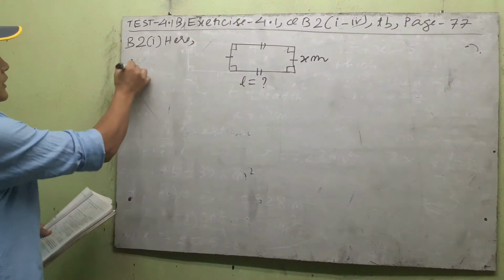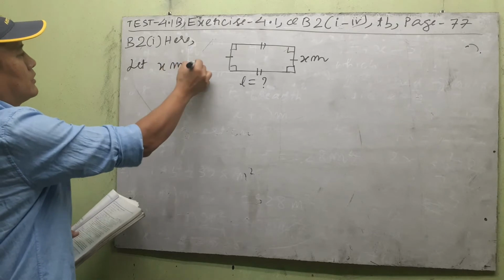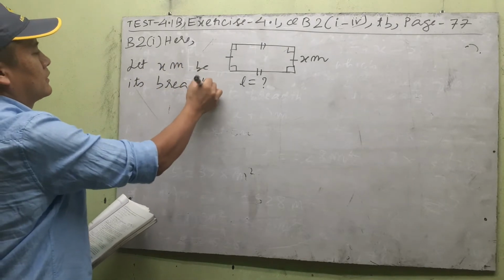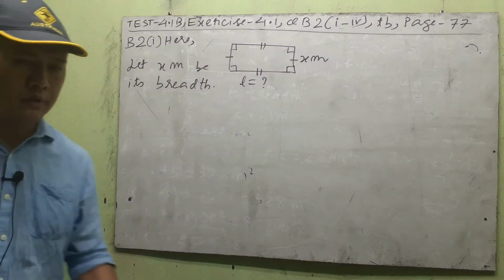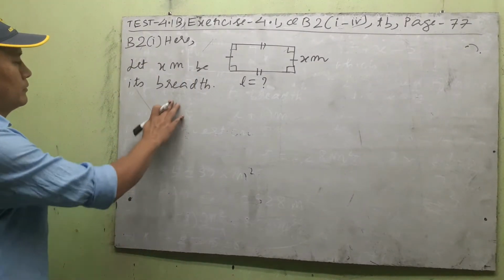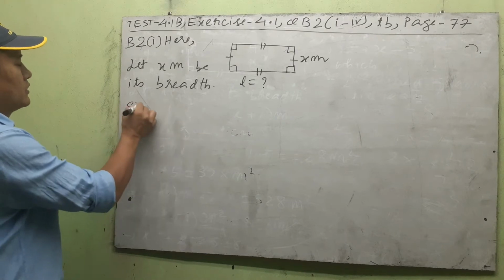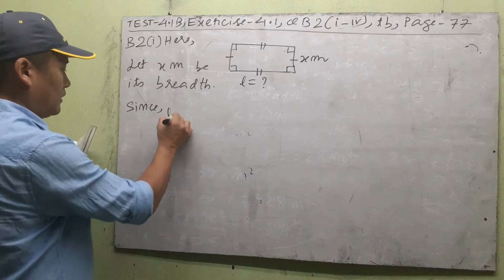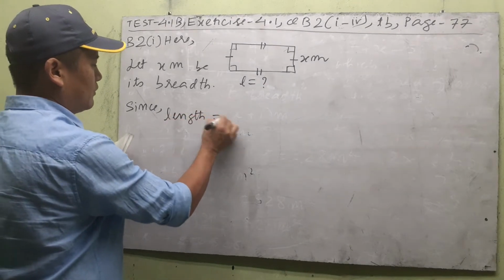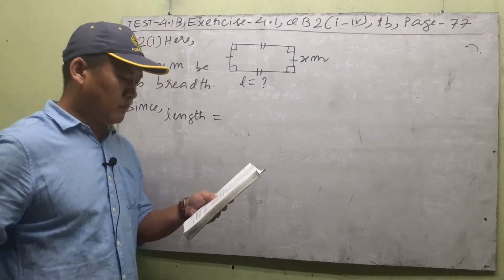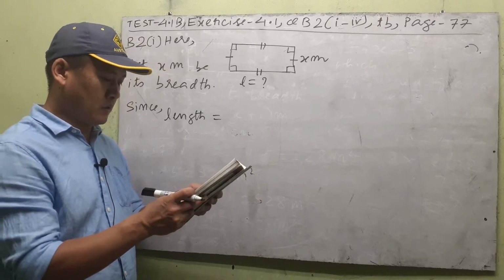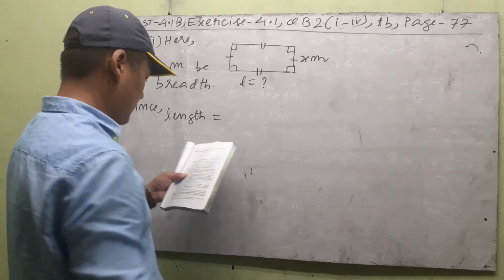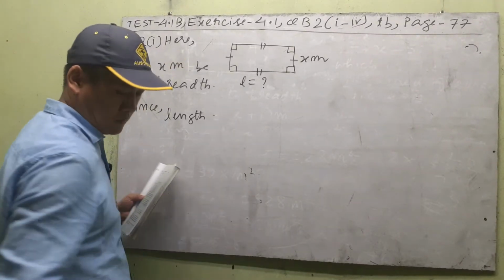So let us write here, let x meter be its breadth, because a rectangular field has got two dimensions, length and breadth. Since the question is saying this, go to the second sentence. The length is equal to one more than twice its breadth.